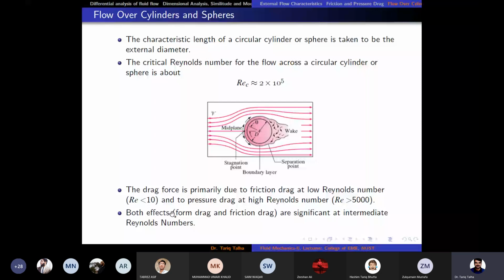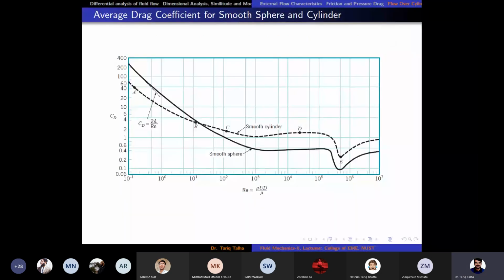coefficient of drag graph with respect to Reynolds number. Now you can see the coefficient of drag, CD, which is drag force divided by half rho u square into area, shown for the cylinder as well as for the sphere. The solid line is for the sphere and the dotted line is the CD value for the cylinder.